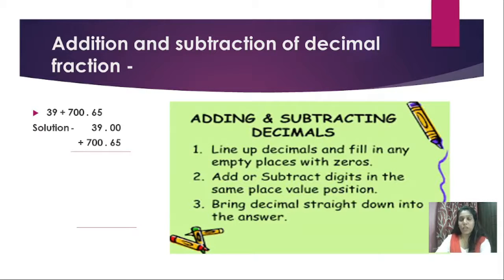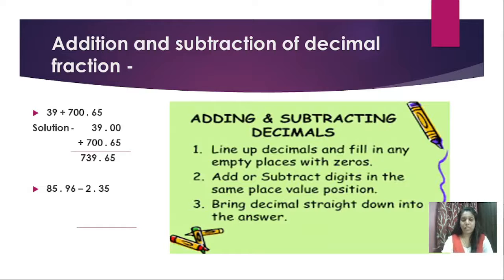So if you're doing addition with decimal fractions, if there is no number after the decimal point, you need to add zeros, correct? So 39.00 plus 700.65. So what will be the answer? It will be 739.65.